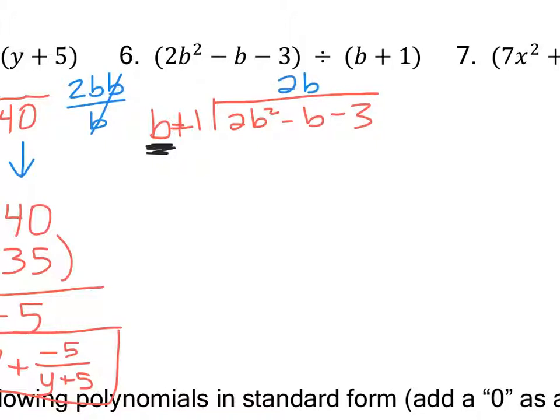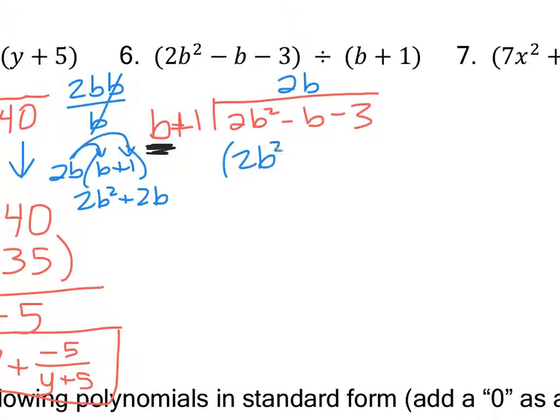My next step is to multiply what's on top times this whole thing on the side. So I'm going to say 2b times b plus 1. This is my double rainbow. So that gives me 2b squared plus 2b. So I'm going to bring that down here. 2b squared plus 2b.